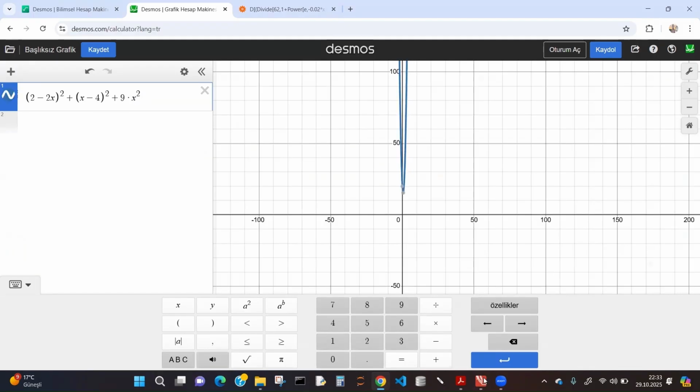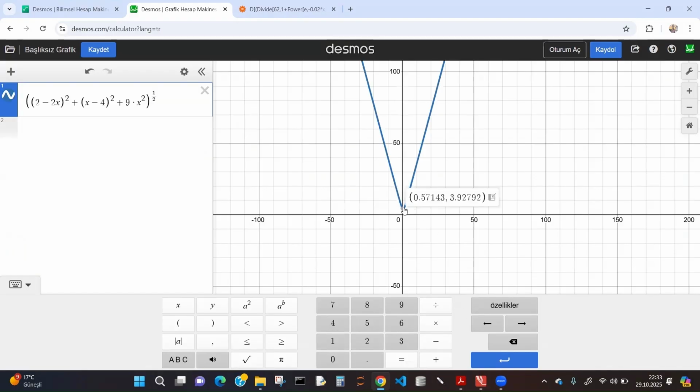We can write all of this in parentheses to the power of 1 over 2. So we are looking for the minimum value.